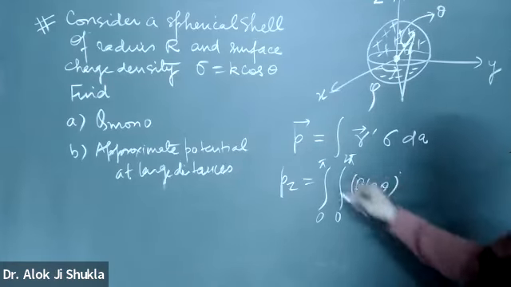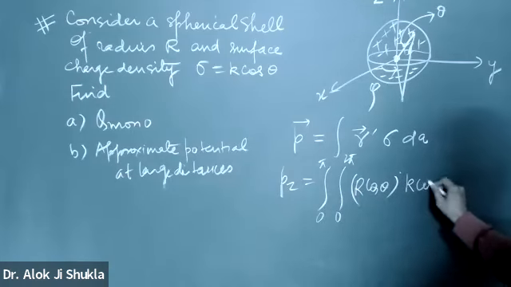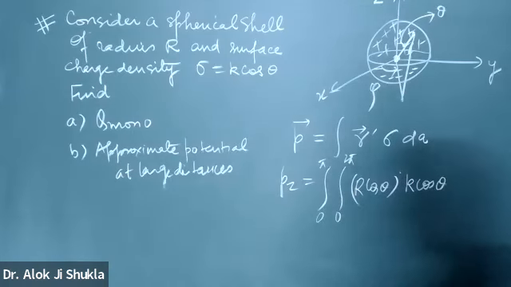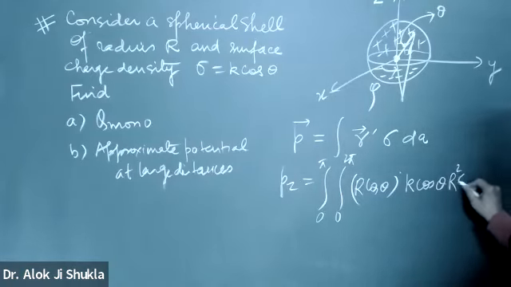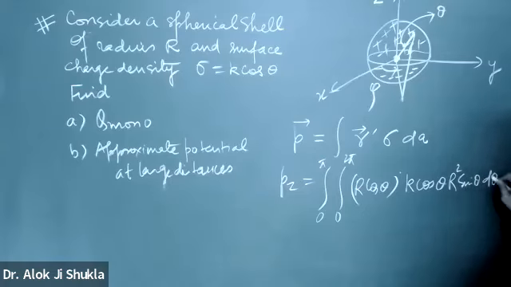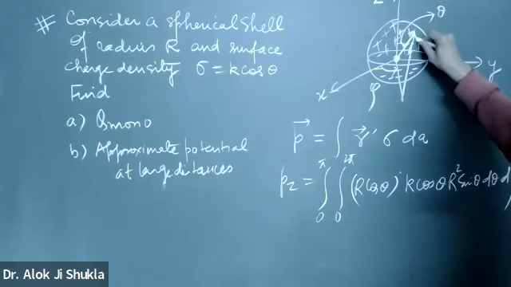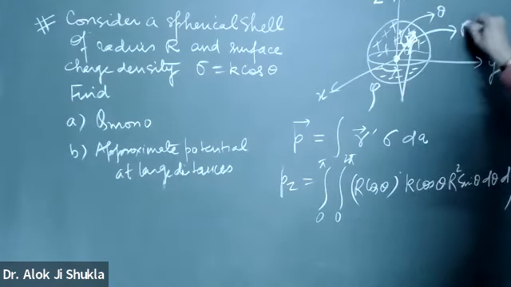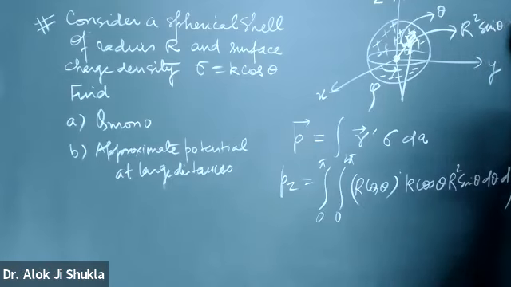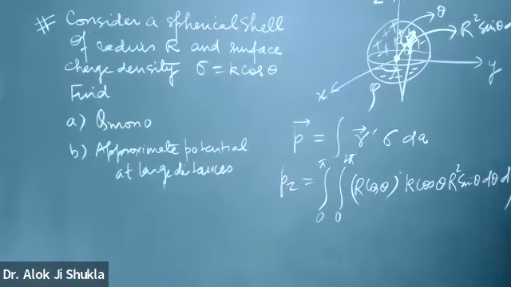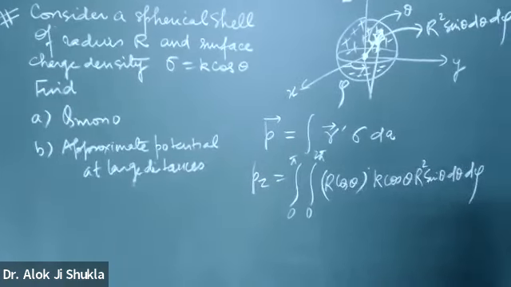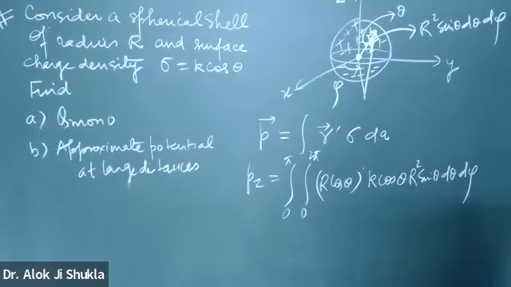And then k cos theta, and then r square sin theta d theta d phi. That is for a small patch on the sphere. If you take a small area, that is r square sin theta d theta d phi. If you integrate it in full limit, it will give you 4 pi r square, which is the surface area of the sphere. Correct? So now let us integrate this.